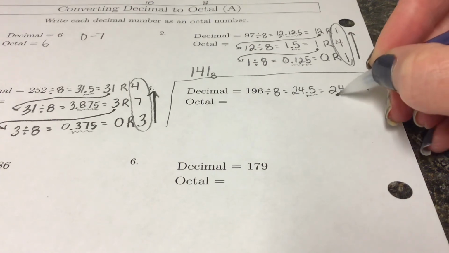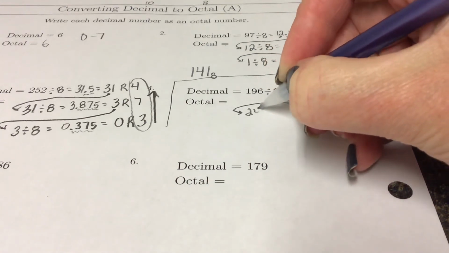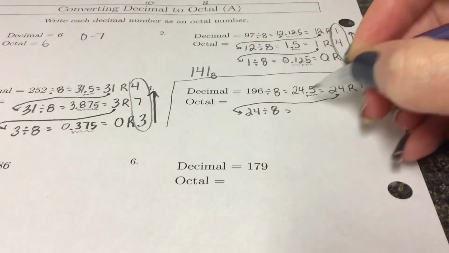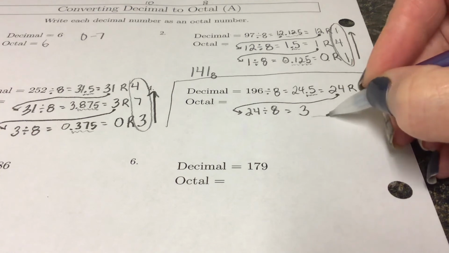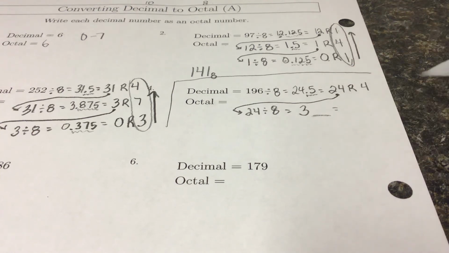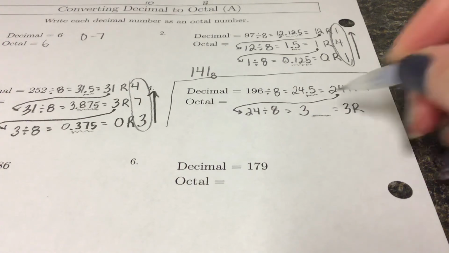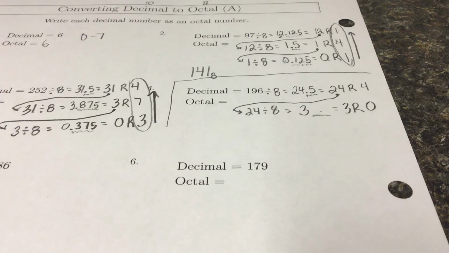We take this 24, slide it down here, and divide it by 8 again. 24 divided by 8 is 3, and there's no decimal here. So it goes in 3 times, and we would have 0 as a remainder.